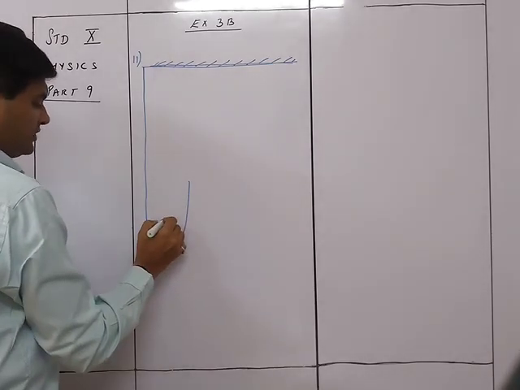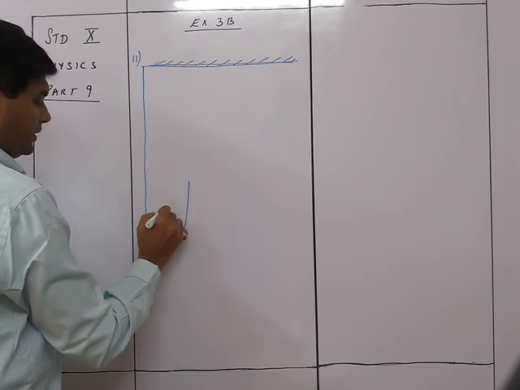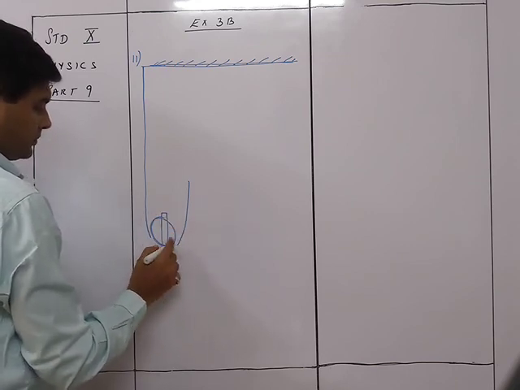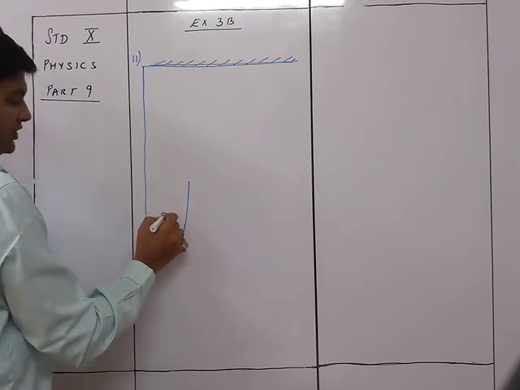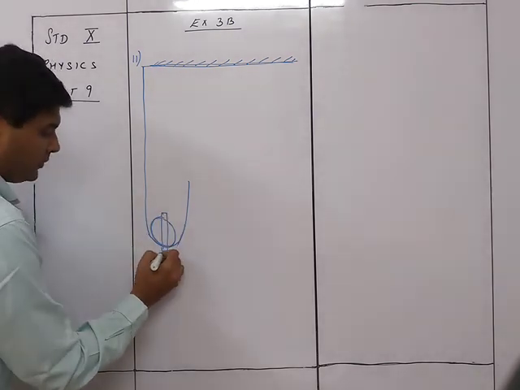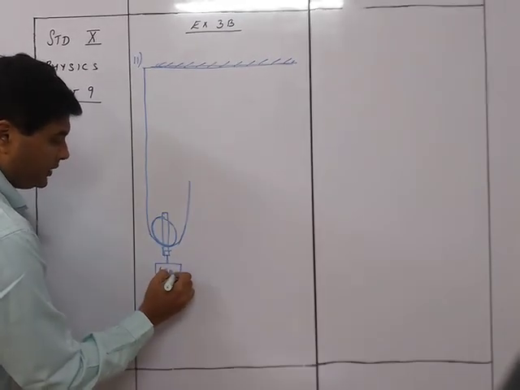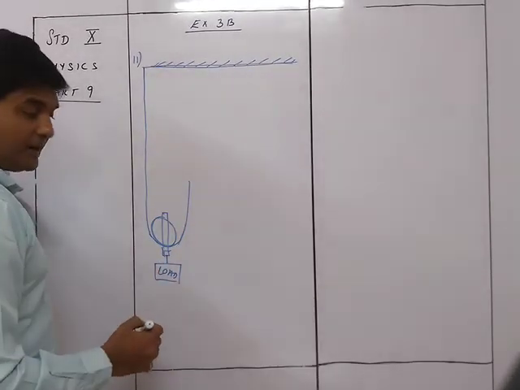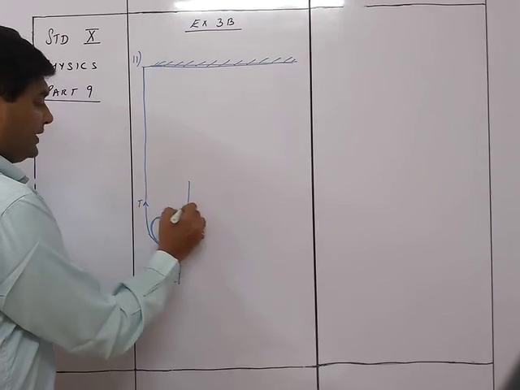The first movable pulley is connected to the load. The string is divided into 2 parts, so there will be tension here and tension here.